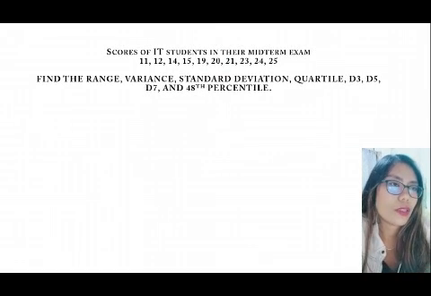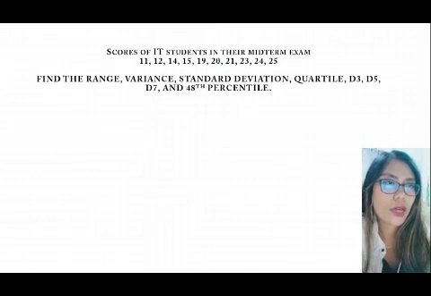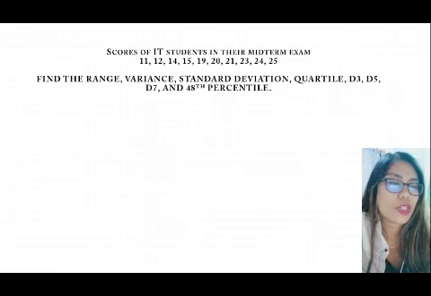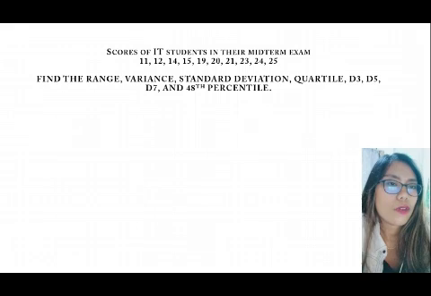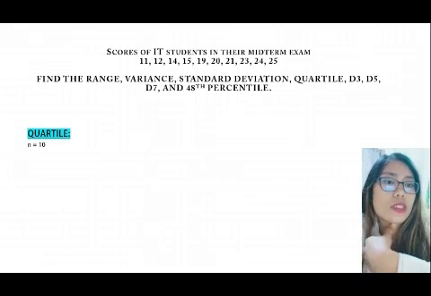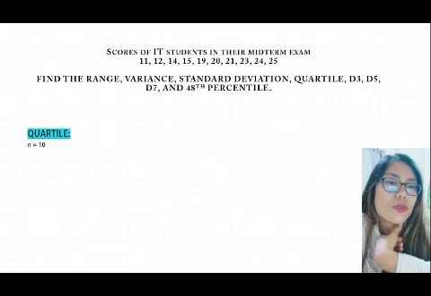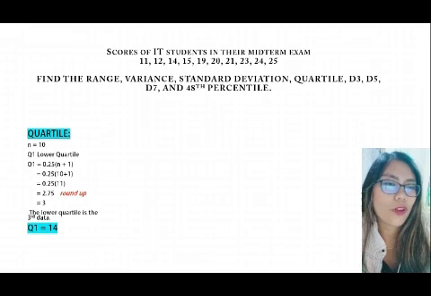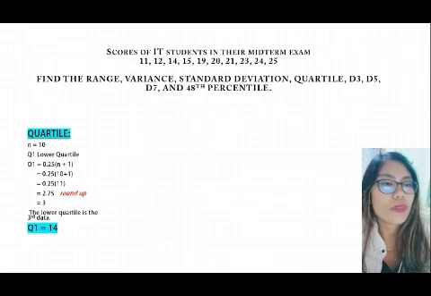Now we're going to get the quartile of the given data. Here I rewrote it from descending to ascending order. For the quartile, first you need to get the number of data, which is n equals 10. And the formula for the lower quartile, Q1, is 0.25 times n plus 1.